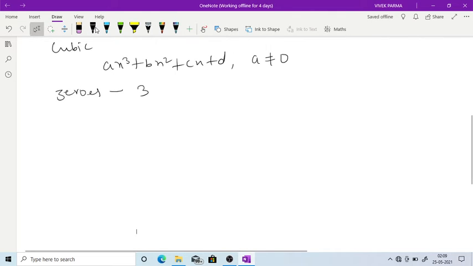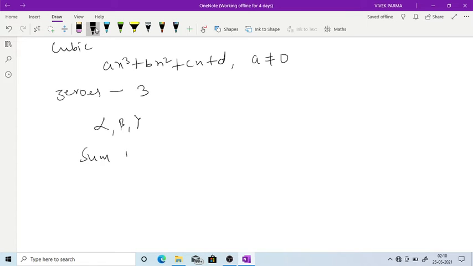So here, if we say alpha, beta and gamma are the three zeros of this cubic, we will write the relation between these zeros and the coefficients. Here the sum of zeros, alpha plus beta plus gamma, is minus b upon a.